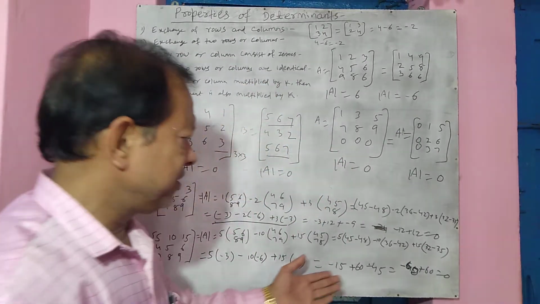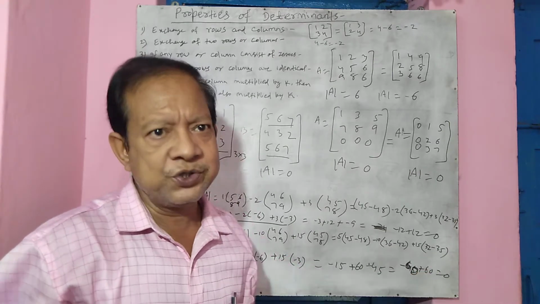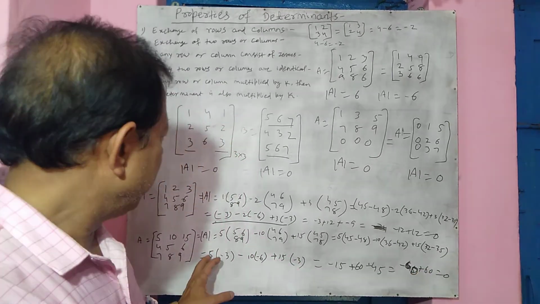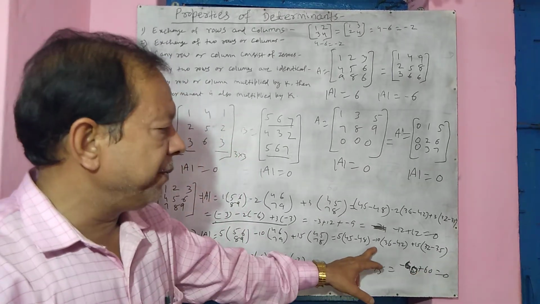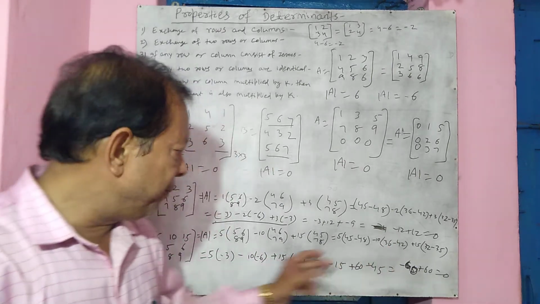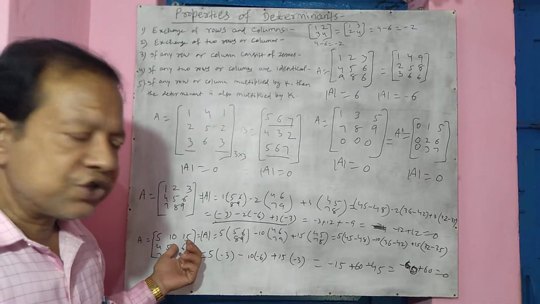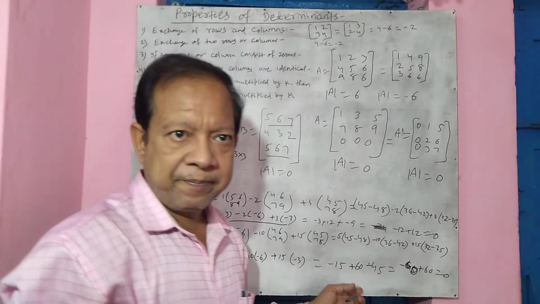So now because this result is 0, 0 into 5 is also 0. If the original determinant had been 2, then because we have multiplied 5 as the constant, this would have been 10.